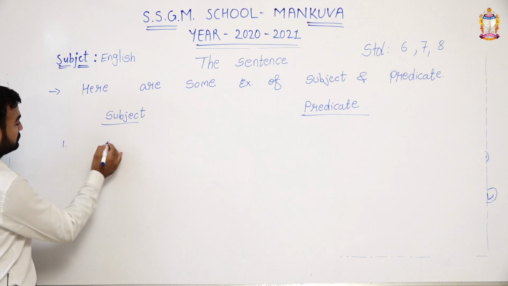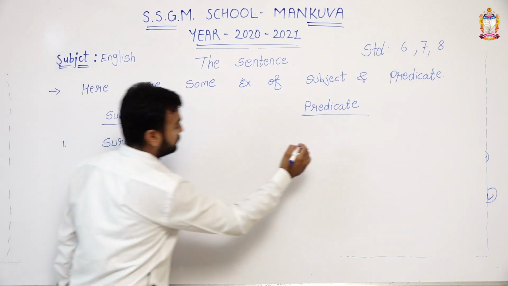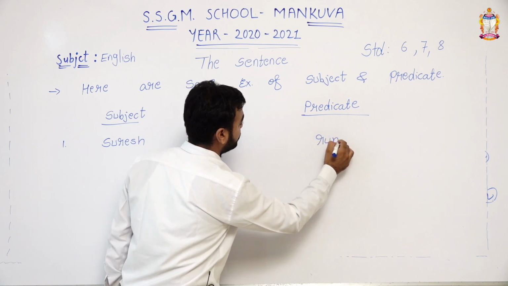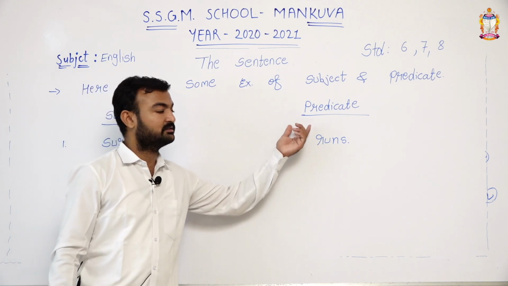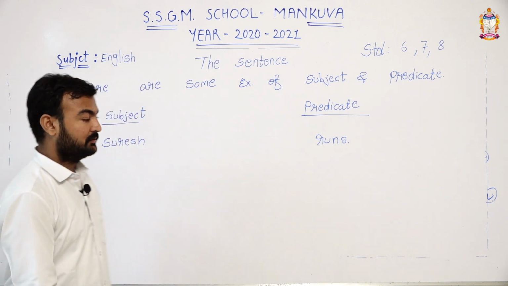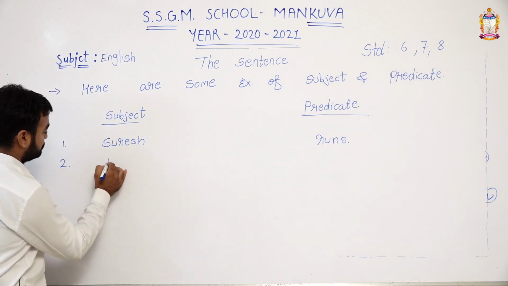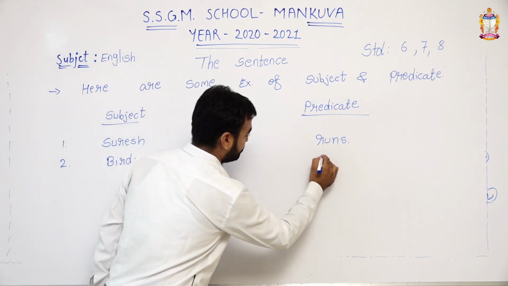Number 1, Suresh runs. Over here, Suresh is a subject and runs is a predicate in this sentence. Sentence number 2, birds fly.